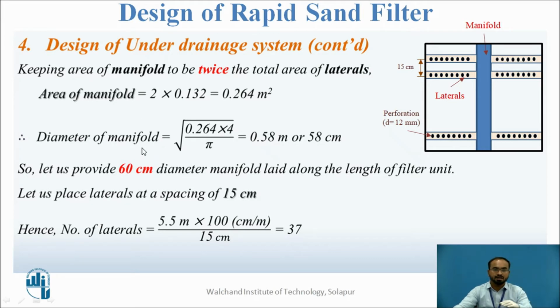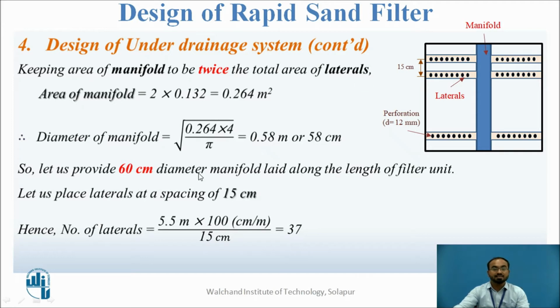It will be equal to root of 0.264 multiplied by 4 divided by pi, so it will come to about 58 centimeter. I will provide 60 centimeter, slightly greater than that value, as the diameter of manifold, and it will be laid along the length of the filter unit. You can see it in the diagram also.